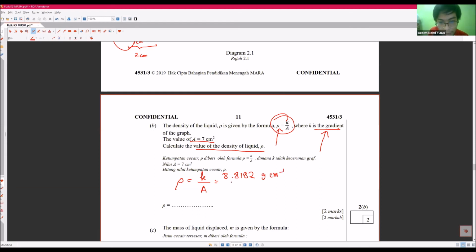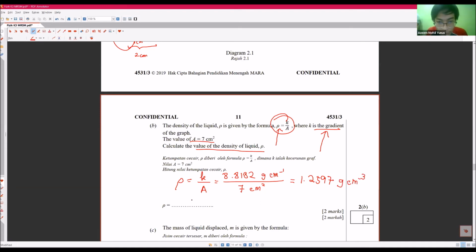Don't forget that the area is 7 cm squared. And then plug that into the calculator and you got 1.597 g/cm³.